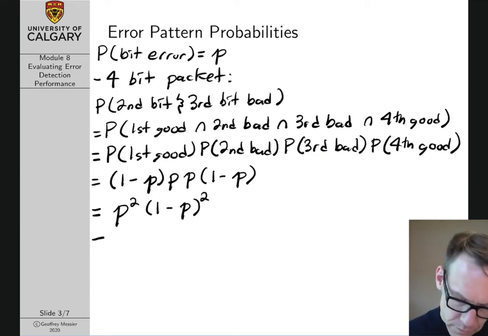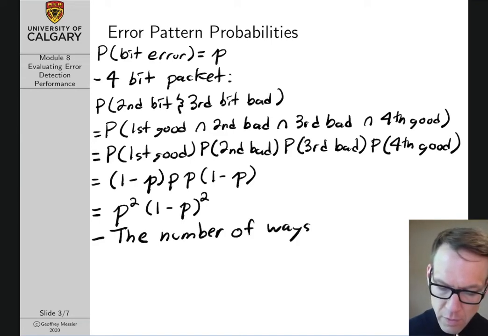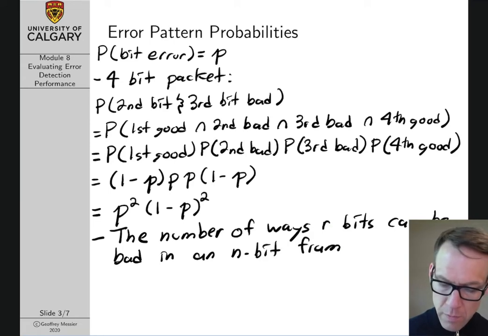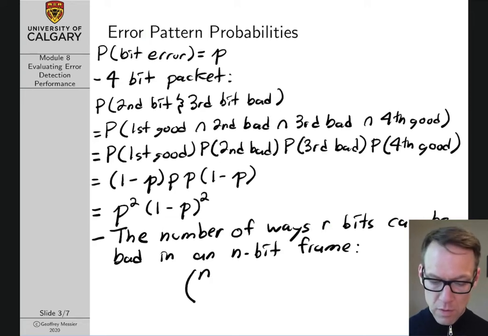So in general, the number of ways our bits can be bad in an n-bit frame is equal to n choose r.